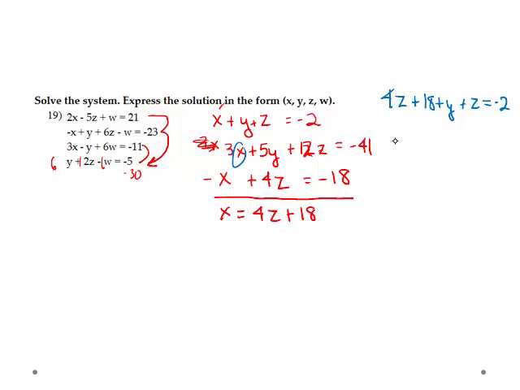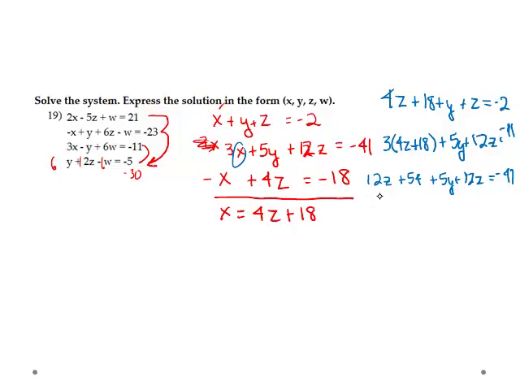Multiply it by 3 and put it into the second equation. 3(4z plus 18) plus 5y plus 12z equals negative 41. And this would be 12z plus 54 plus 5y plus 12z equals negative 41.